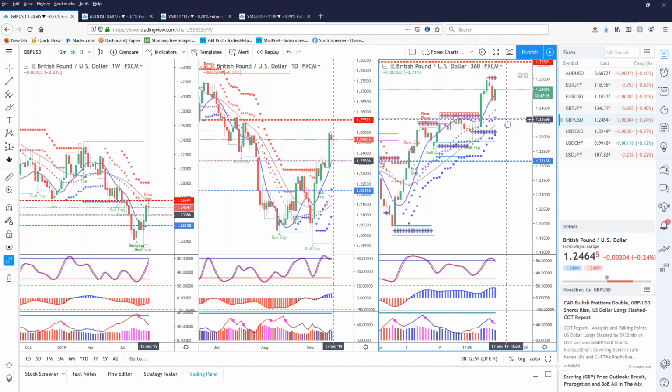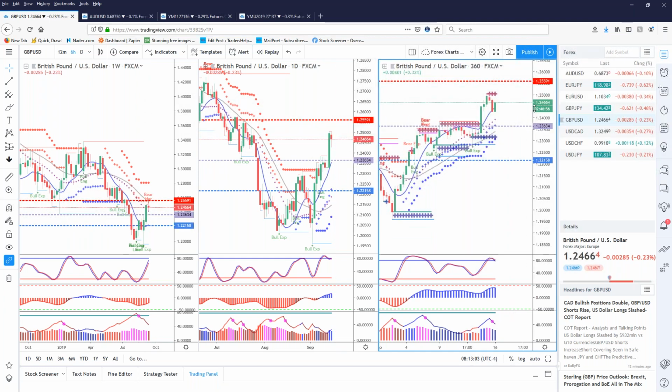Does everybody understand that? I think it's going to test this level again. It may even come up to 25.59. Why is 25.59 significant? Because it's the ATR from the weekly chart.